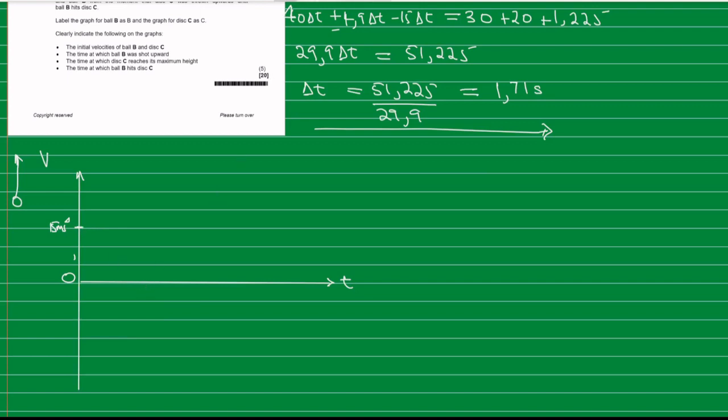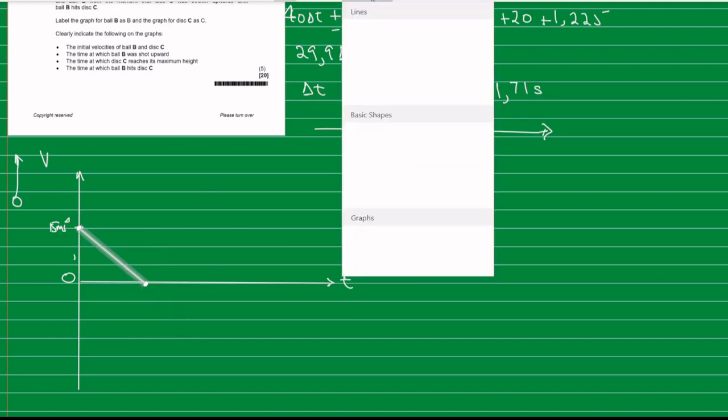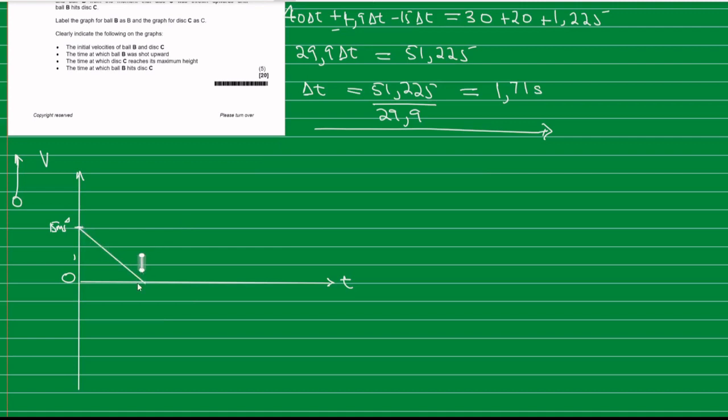Okay, so a line will be drawn from here, and then we put it to 0. But when it reaches the maximum point, it is also going to travel downward. So it will continue further down from here.